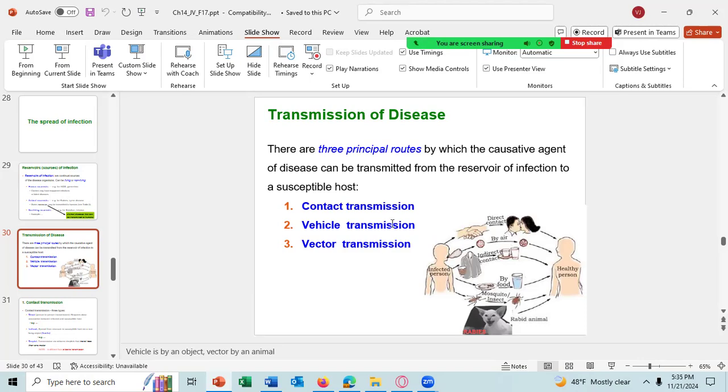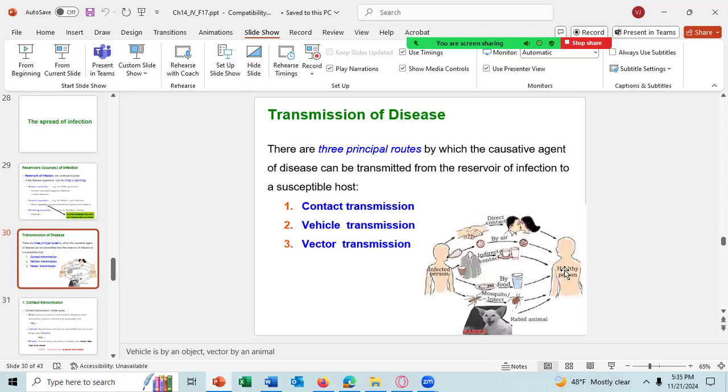There's vehicle transmission, and that is where an object transmits the disease from the disease-carrying organism to the healthy individual, such as somebody drinks out of a cup, and then the healthy individual drinks out of the same cup, picking up the disease-carrying organism.